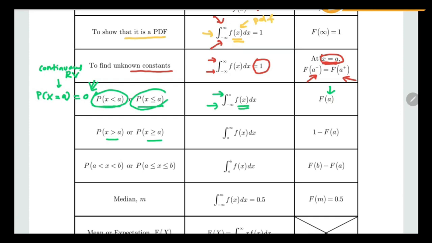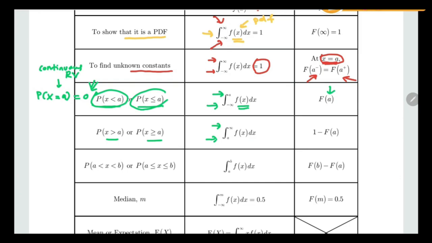For the PDF function, you just need to integrate from a until the uppermost limit, a until infinity. For the CDF, we won't directly substitute into the CDF function; we need to do some rearrangement.